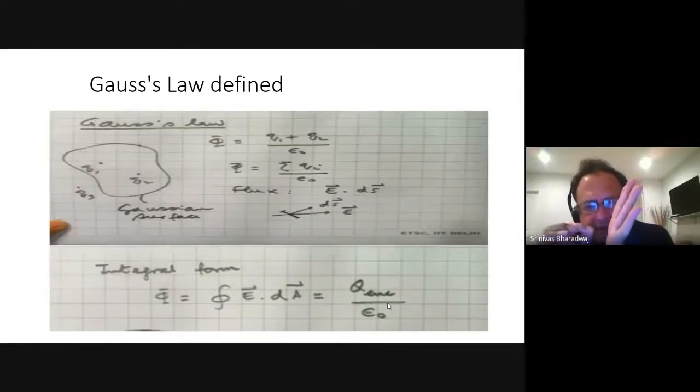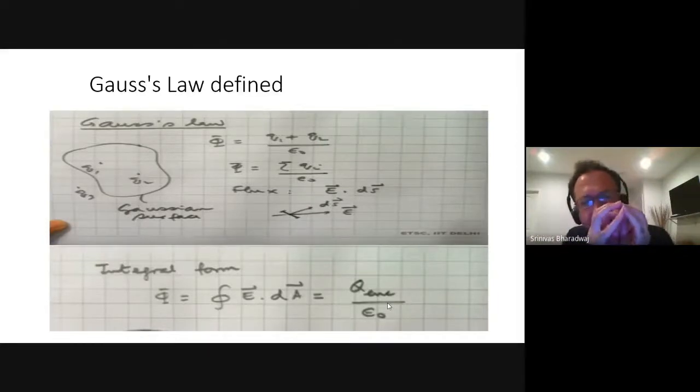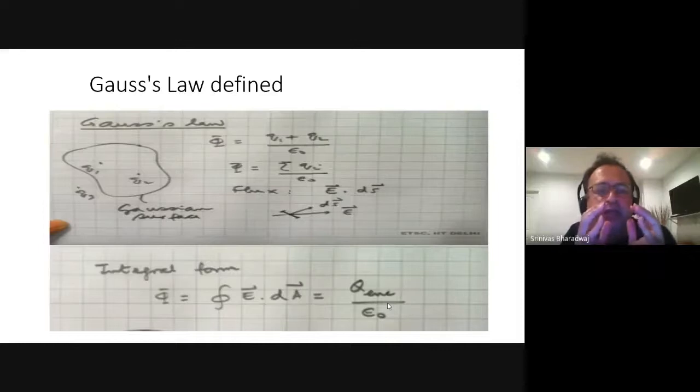I create a vector for it, and the direction of that vector is normal to the area. Now if I hold my hands together like this, I make what is called a closed surface, and Gauss's law deals with these closed surfaces.